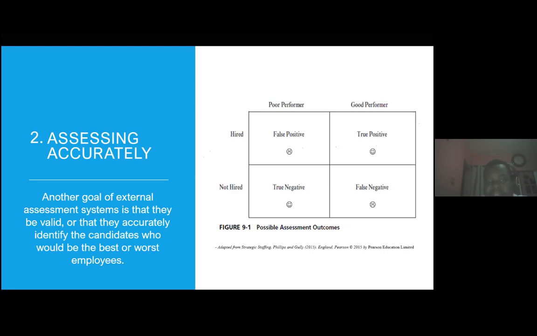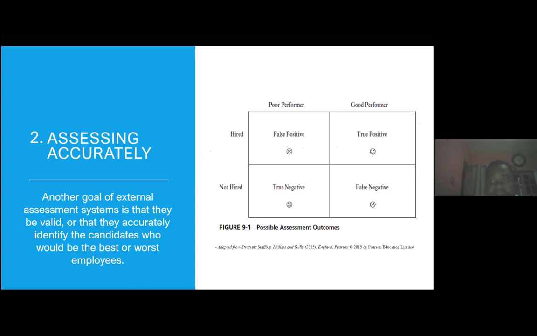But what does that mean for the organization? What it means is that persons who fall in the true positive area are classified as good performers, and the true negative are those candidates who would have performed poorly.